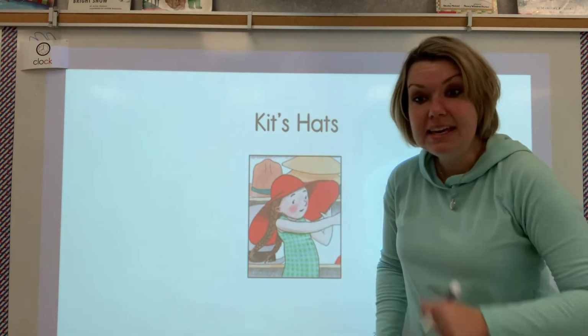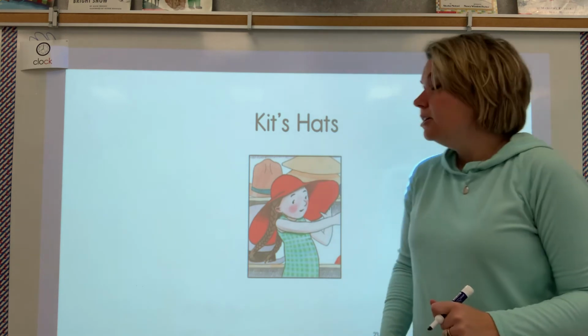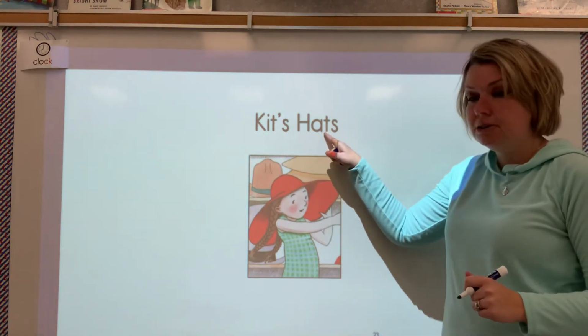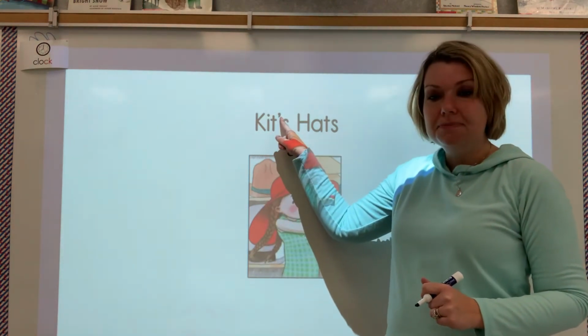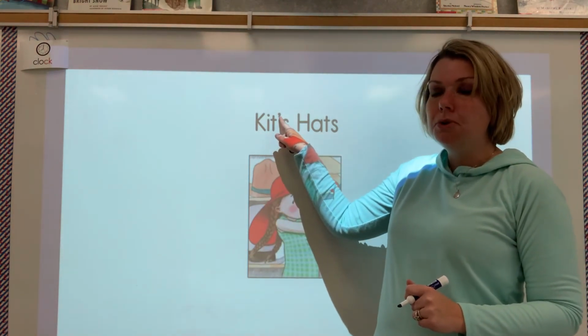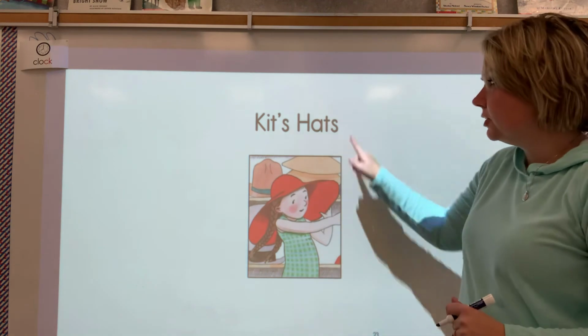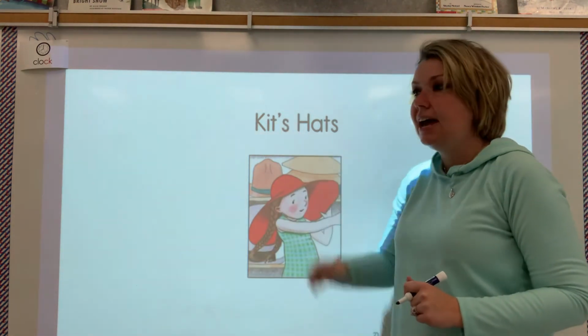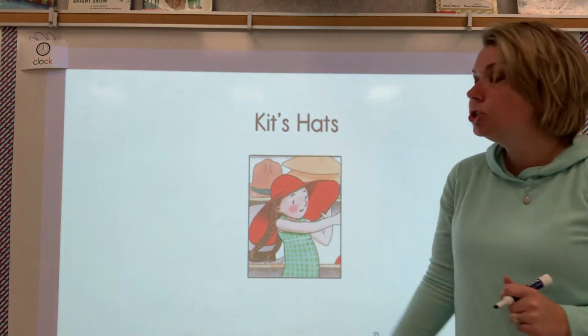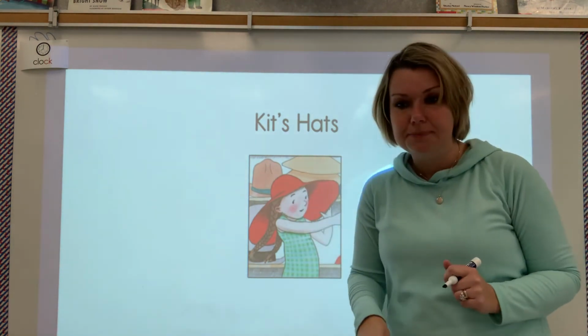Kit's. They're Kit's hats, aren't they? So because they're a person's hats, we're going to put an apostrophe. That's a fancy formal way of saying these are Kit's hats. So we put an apostrophe and add the S to her name to show that these are her hats.